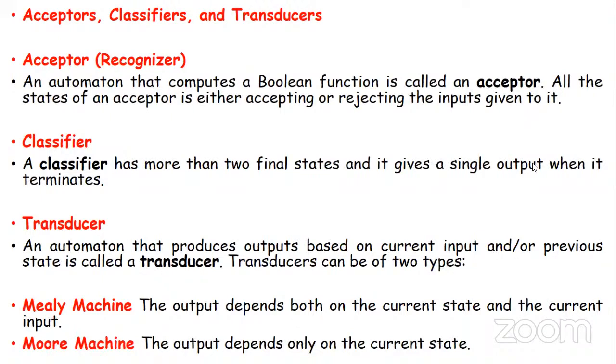A classifier, on the other hand, has more than two final states, and it gives a single output when it terminates. A transducer, on the other hand, is an automaton that produces output based on current inputs and/or previous states. Transducers are of two types, which are Mealy machine and Moore machine.